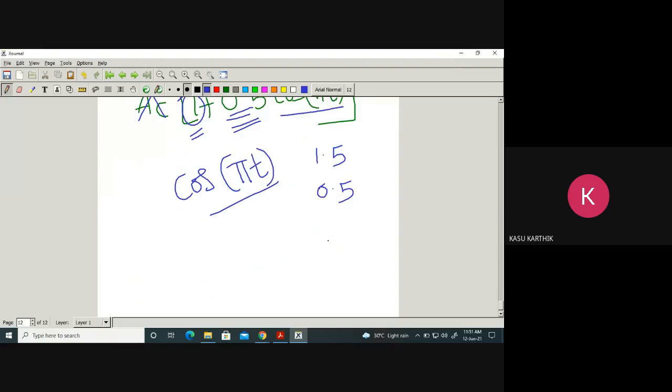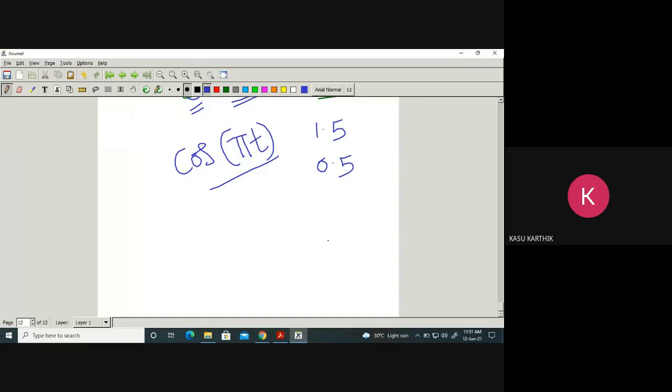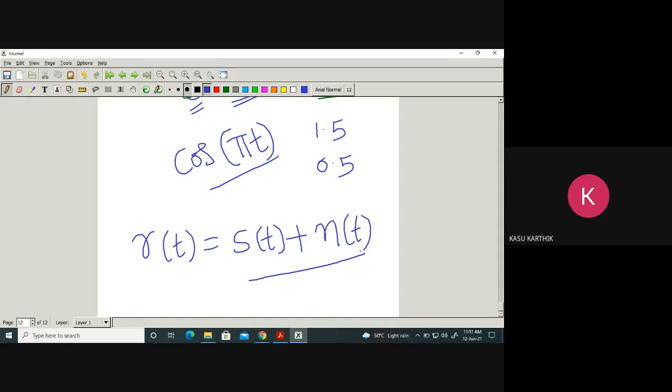Because you don't receive what you transmitted. What do you receive as a receiver? Your transmitted signal, along with that noise will be added. This is what you receive. So from this you have to extract your message signal. You should get back your message signal. That is a difficult task. Anyway, that is nothing but demodulation.